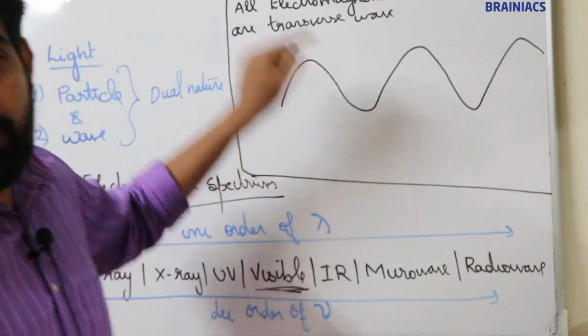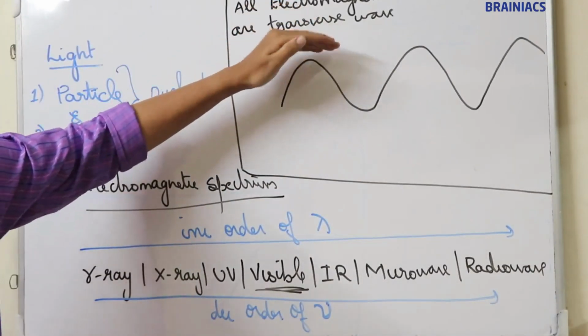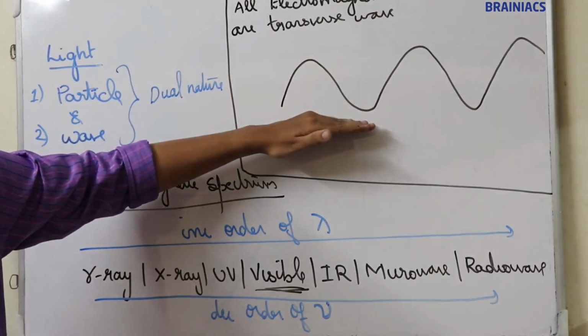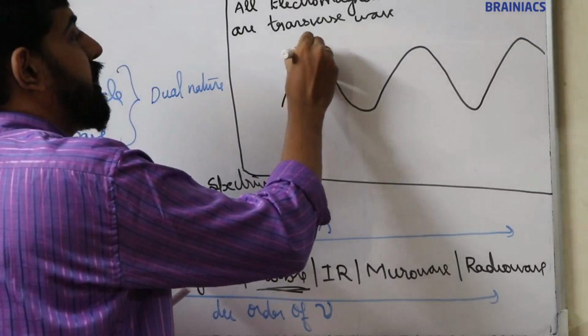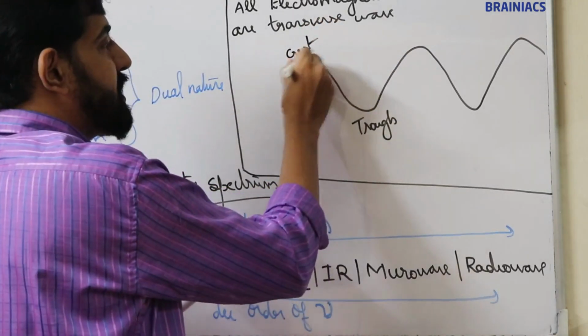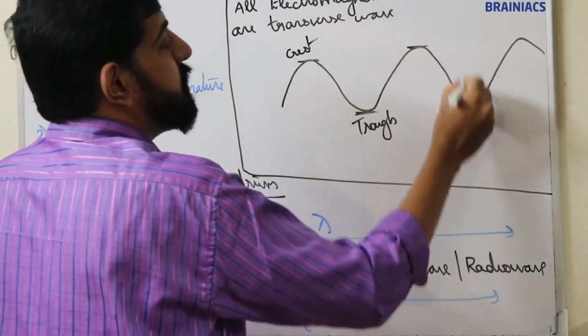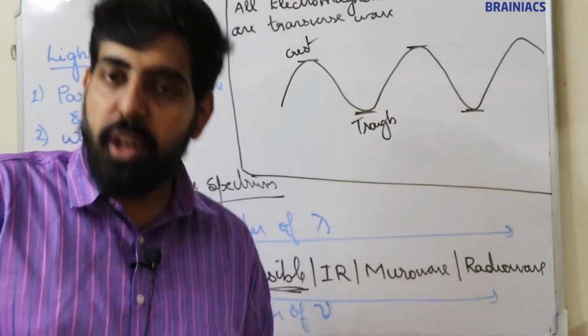Transverse waves have crest and trough. The top parts are known as crest and the down parts are known as trough. All transverse waves have crests and troughs.